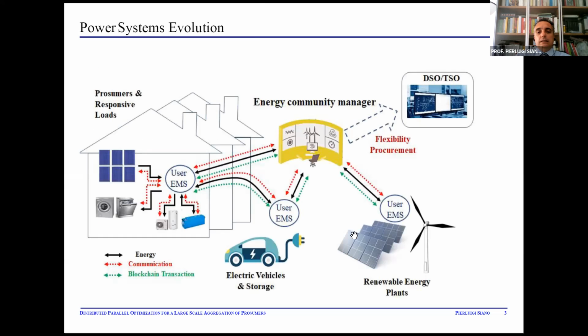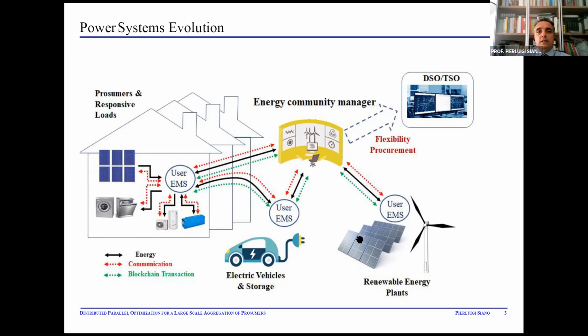As known, in a smart grid, prosumers can aggregate in so-called energy communities that are also based on the exchange of bidirectional flows of energy and peer-to-peer electrical energy exchanges in order to achieve self-consumption of renewable energy and also to provide services to the system operators.